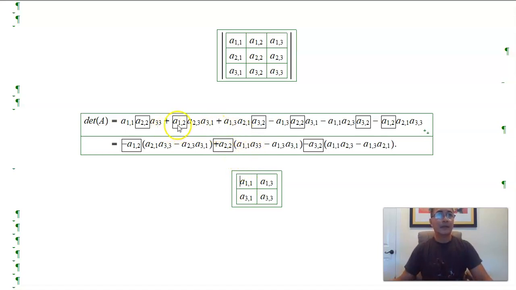Okay, so now let's look at the others. Where's A12? I have a plus A23, A31, so there's a minus in front. To make that a plus, you need a minus in here. Where's the other A12? Over there. So this one needs a minus A21, A33. Okay, so what's going on there? Let's think about A12.